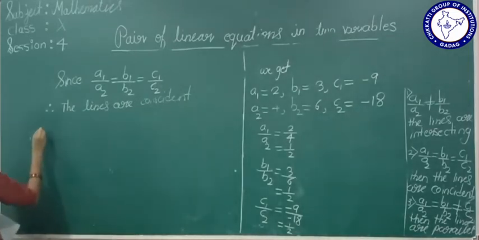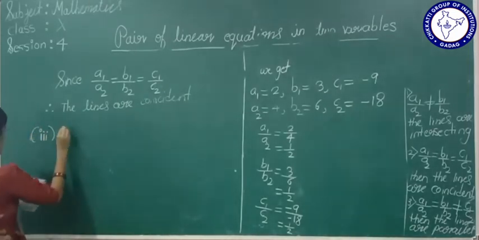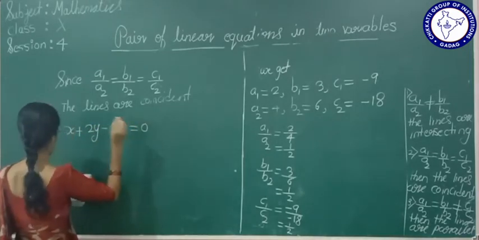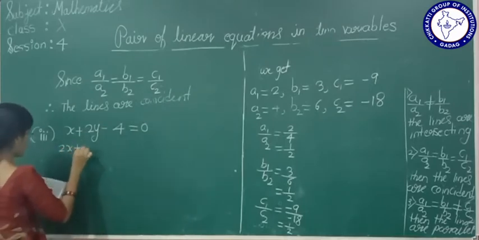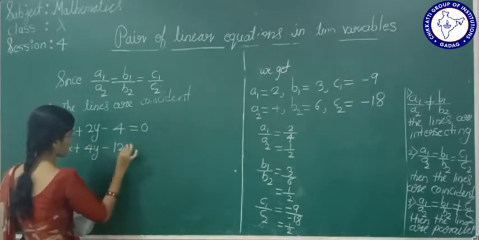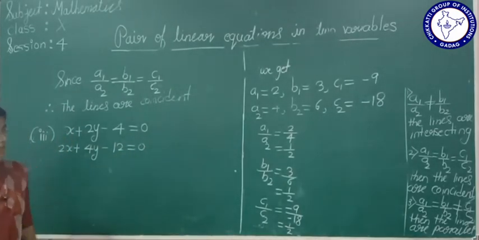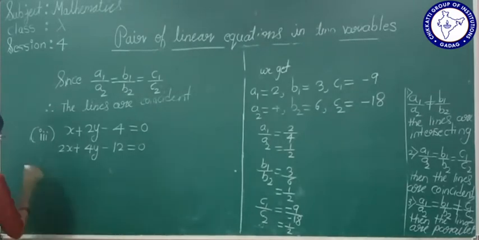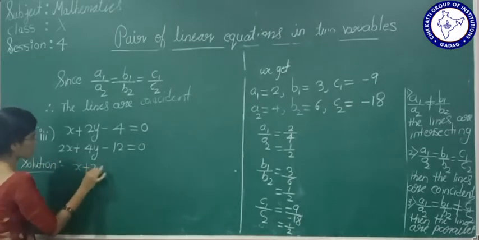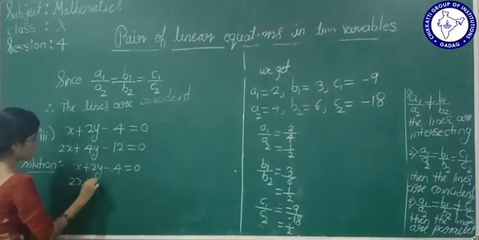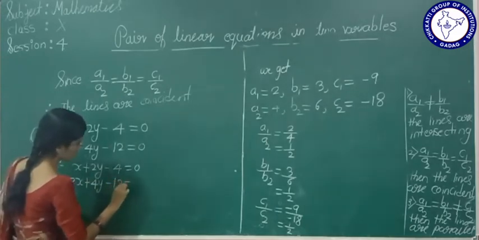Third one, x plus 2y minus 4 is equal to 0, 2x plus 4y minus 12 is equal to 0. Now we are going to follow the same steps. Solution. Given x plus 2y minus 4 is equal to 0, 2x plus 4y minus 12 is equal to 0.